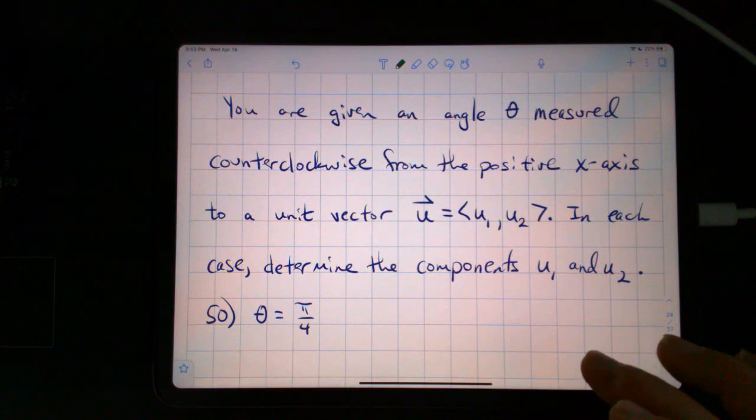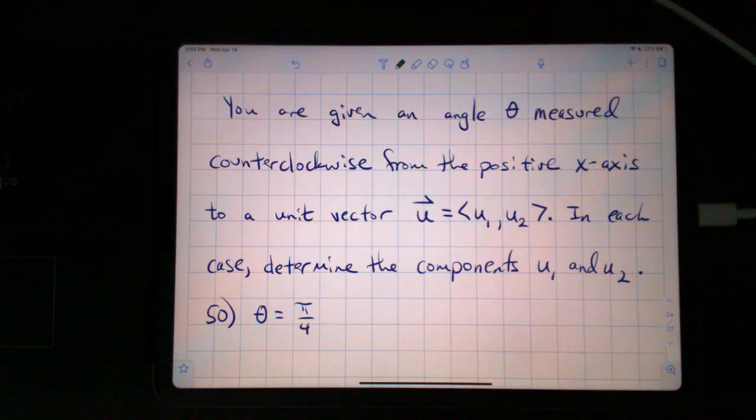You are given an angle theta measured counterclockwise from the positive x-axis to a unit vector u1, u2. In each case, determine the components u1 and u2.